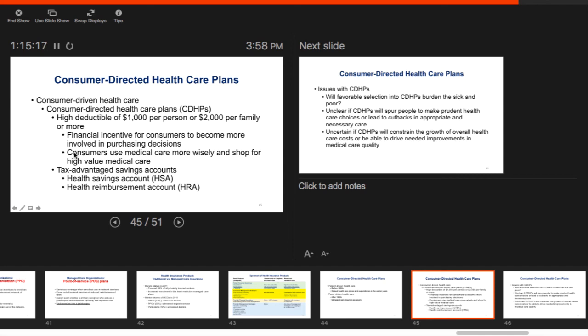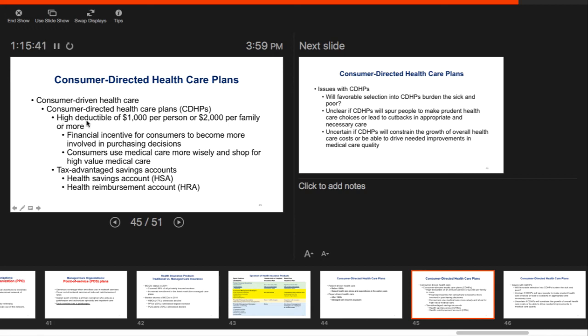This deductible makes patients, as consumers, more responsible. It gives financial incentives for consumers to become more involved in purchasing decisions, meaning they don't spend on medical care if they really don't need it, because they have to pay.